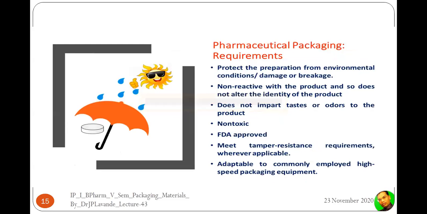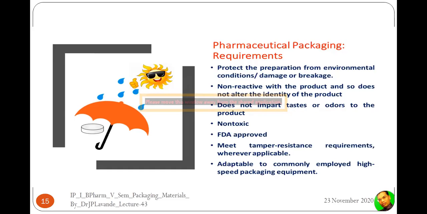There are certain requirements that need to be met in the case of pharmaceutical packaging. These requirements are that it will protect the preparation from environmental conditions, environmental damage or breakage, be non-reactive with the product, and so not alter the identity of the product. The packaging does not impart tastes or odors to the product. It should be non-toxic.